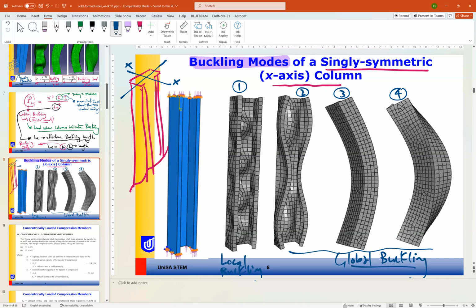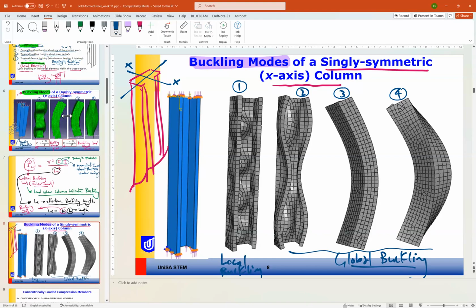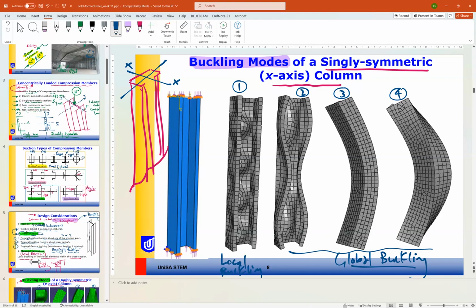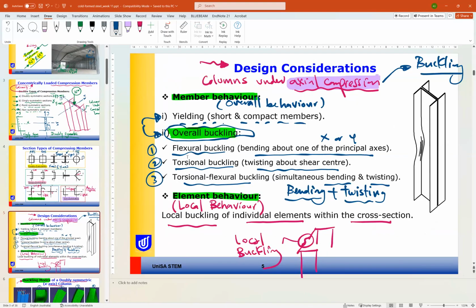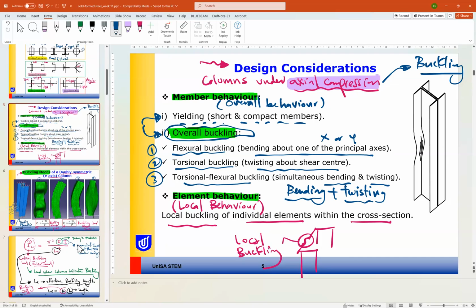One of them is flexural, one is torsional, and one is a combination of torsion and flexure. So the overall buckling includes these three modes: flexural buckling, torsional buckling, and torsional flexural buckling.